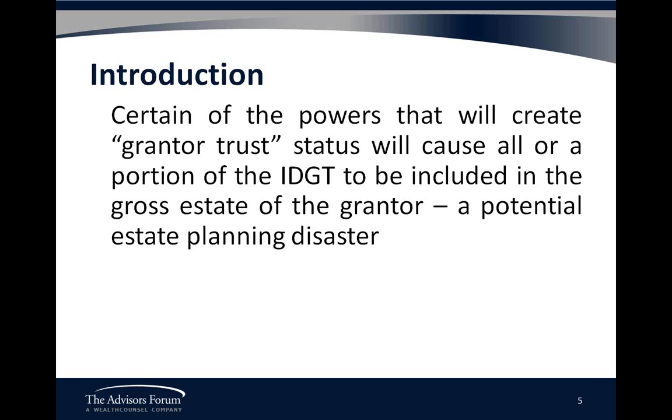The whole goal here is to create powers that will make it a grantor trust for income tax purposes, but at the same time keep it out of the grantor's gross estate for obvious reasons, because if it's going to land in the gross estate, we're not doing very good estate planning.